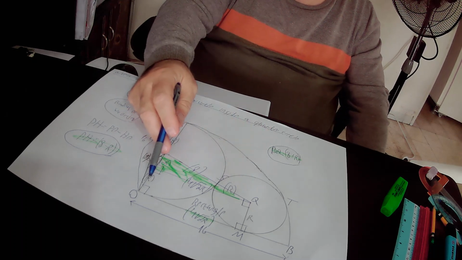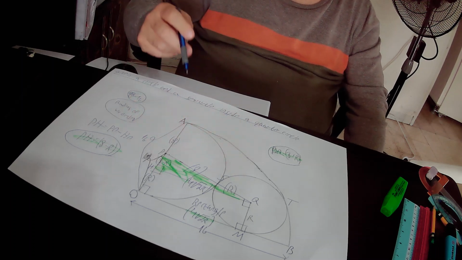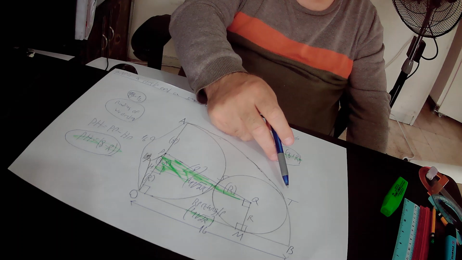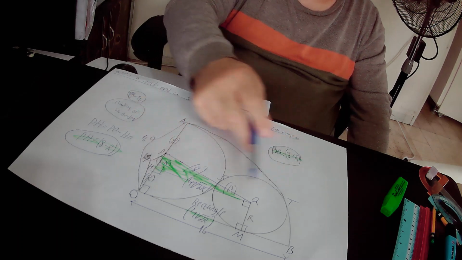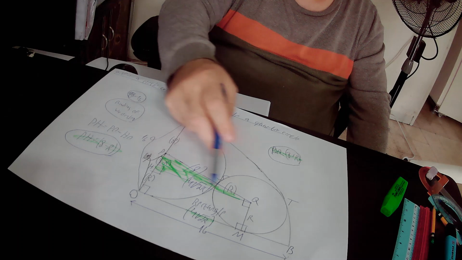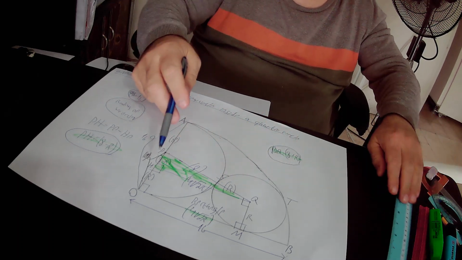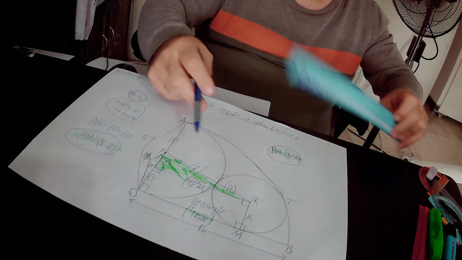And the straight line OQ, according to rule 9, must pass through the touching point, that is to say point T. Or OQT is one straight line. So we connect points O and Q together.